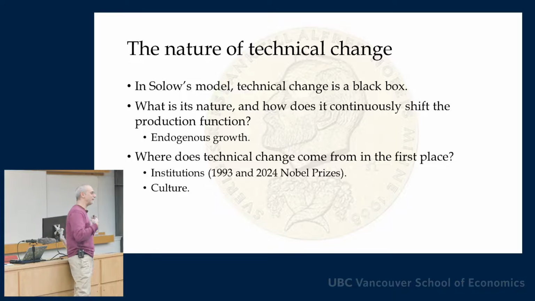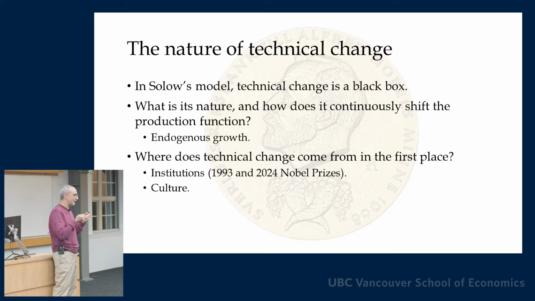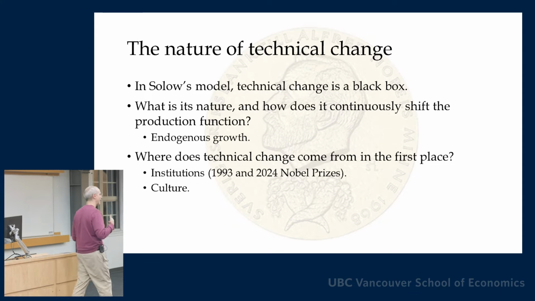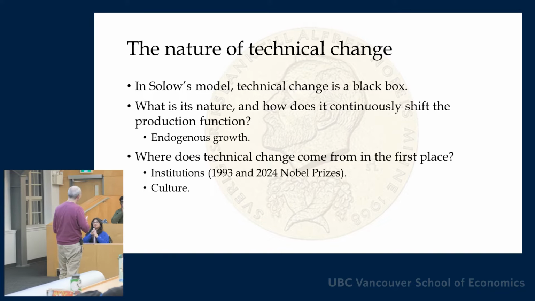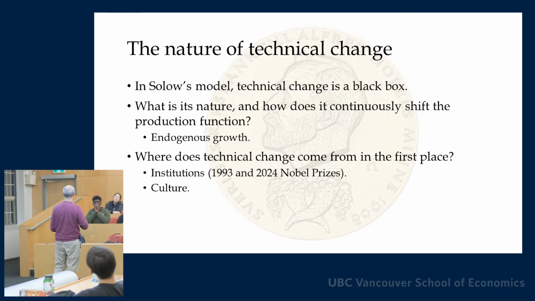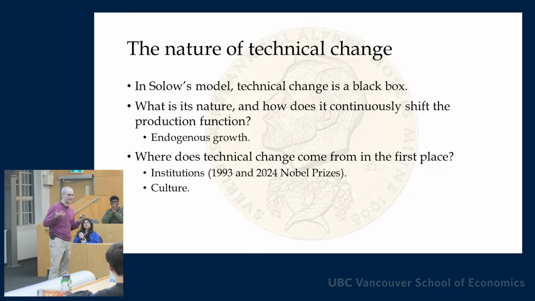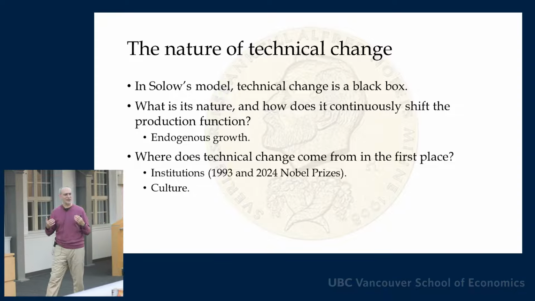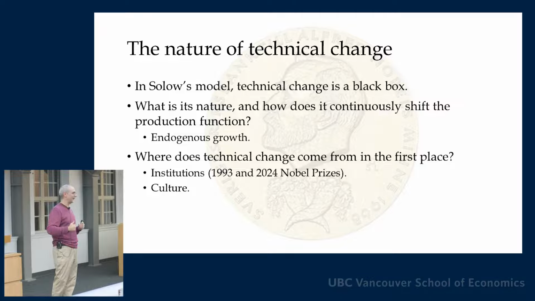And in fact, in the empirical specifications, when we try to run a regression and figure out how much capital contributes to growth, how much labor contributes, and how much is technical change, we estimate the effect of technical change as a residual, as the portion of growth that cannot be explained by capital or labor. But that's just really saying, and Solow himself said this, technical change, the Solow residual, is the measure of our ignorance. It's what we do not know about growth.